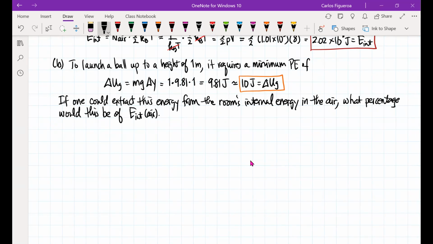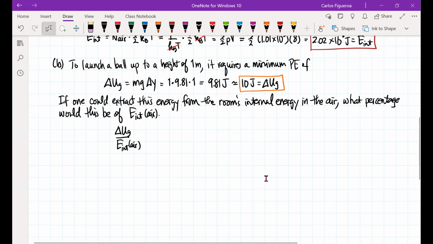So when you look at this thing, well, this is just a fairly simple calculation because this is really what we're talking about. You're trying to take 10 joules out of the room, which is of the order of megajoules, right?